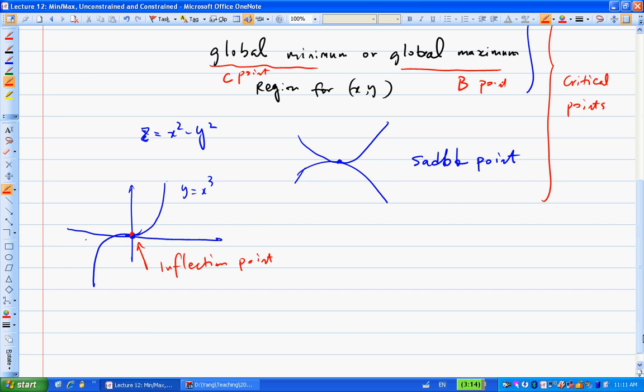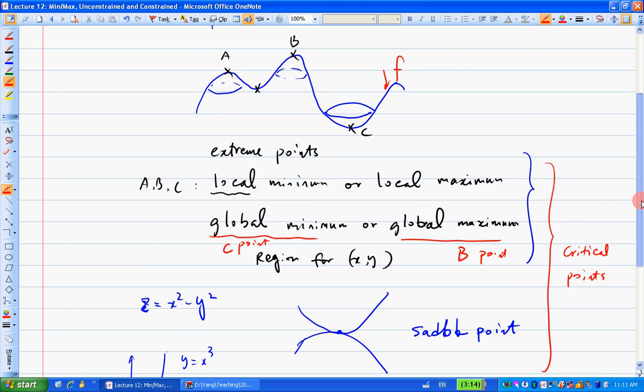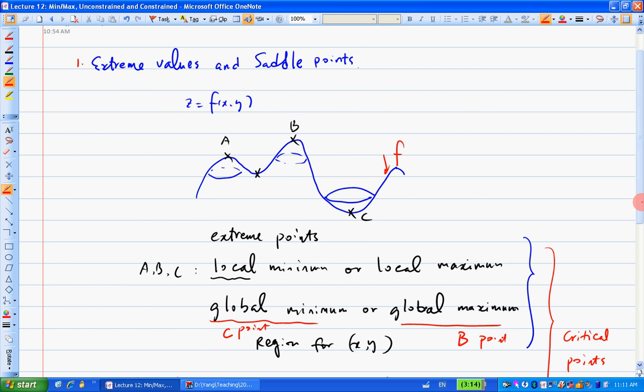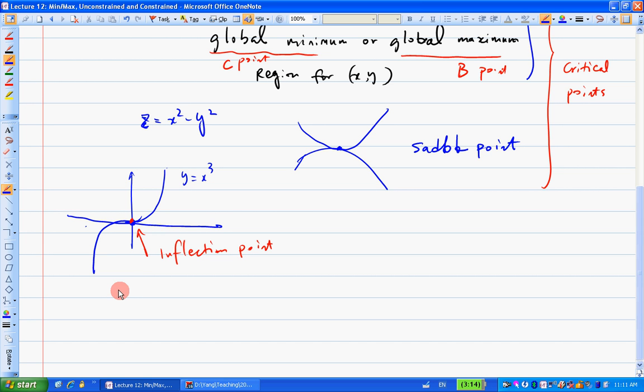All right. So now, to the question: how do we determine a critical point given a surface? And how do we determine whether this critical point is a global min, a global max, a local min, a local max, or a saddle point? That's the first problem we're going to solve here. So we're looking at two problems.